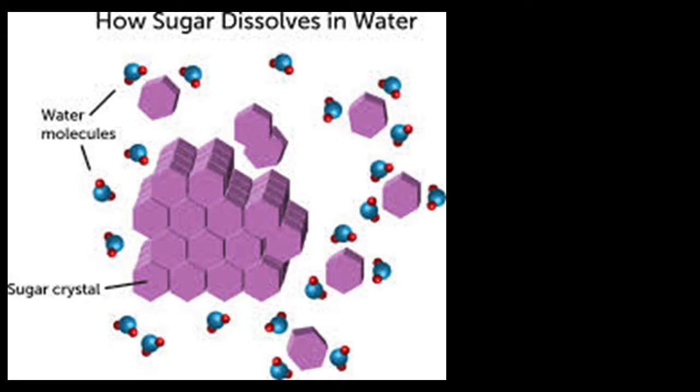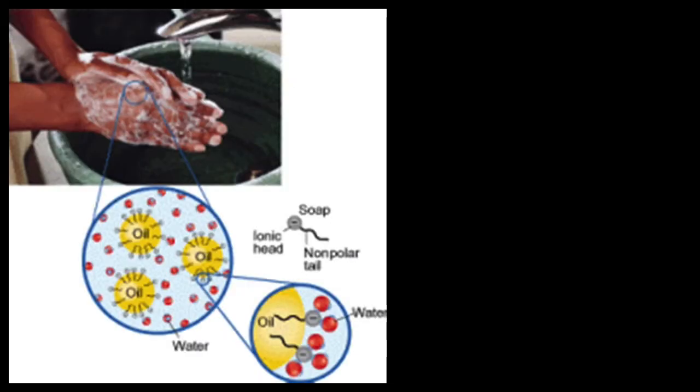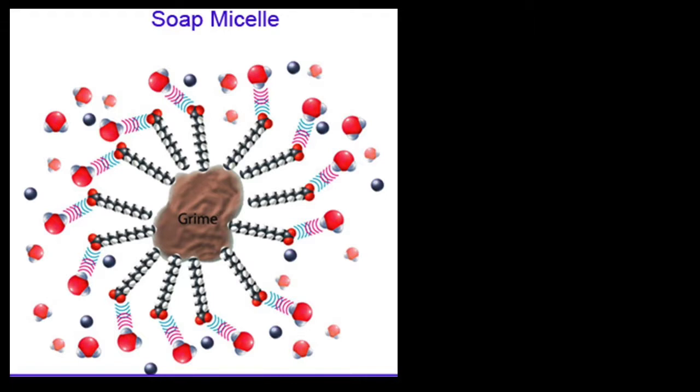Now remember, the sugar molecules do dissolve, but they do not ionize. Here I have soap. Soap is dissolving the oil on your hands with the nonpolar end, and then you have the water dissolving in the ionized head of the soap.